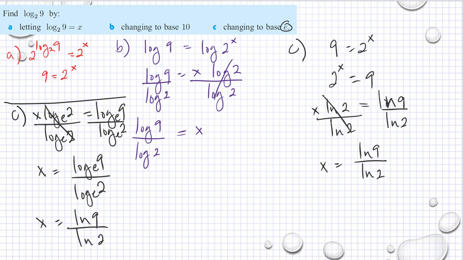Okay, let's take some more. Here, solve for x exactly. We have 8 is 2 raised to 3, and 4 is 2 raised to 2.